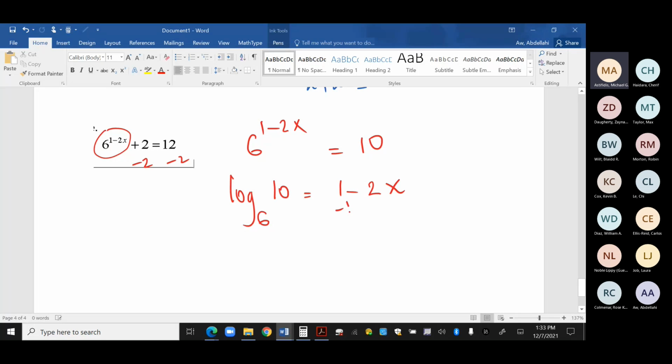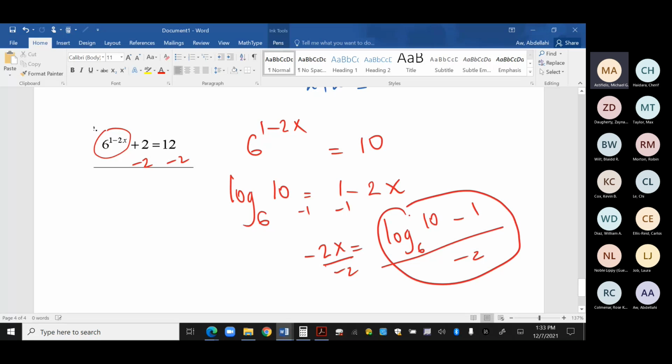And then we subtract 1, so we get negative 2x is log base 6 of 10 minus 1, and then we divide by negative 2. Okay? So now, if somebody wants to use a calculator, what we said last time is you can say x equal to ln of 10 divided by ln of 6, minus 1, all over negative 2, right?